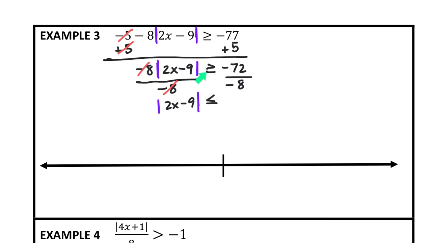So again, this switches when we divide by a negative number. And so negative divided by negative gives me a positive. 72 divided by 8 is going to give me a positive 9. So now we have a less than situation. And it's a positive.